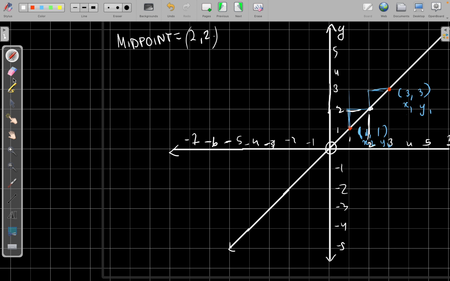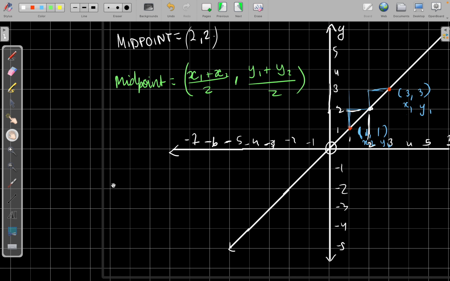So the formula for the midpoint is x1 plus x2 by 2, comma, y1 plus y2 by 2.